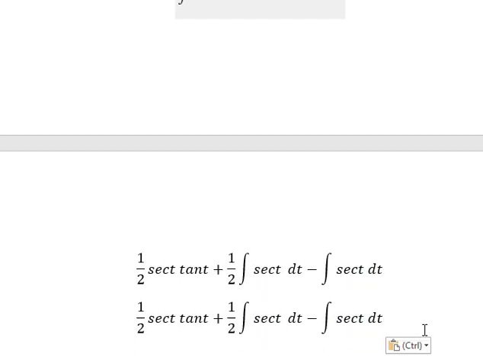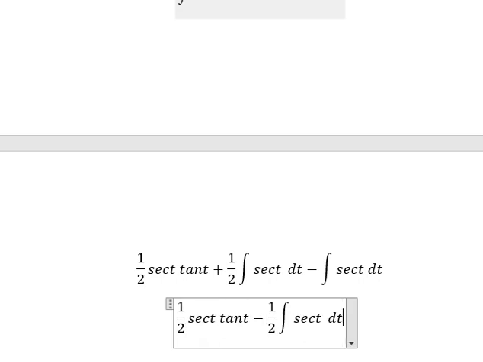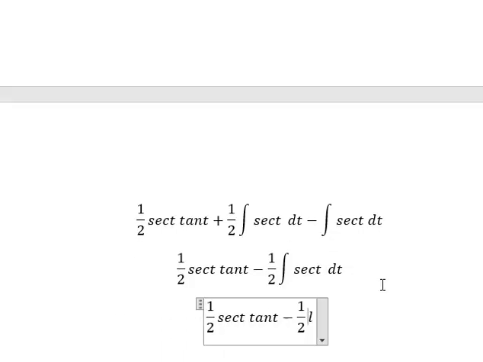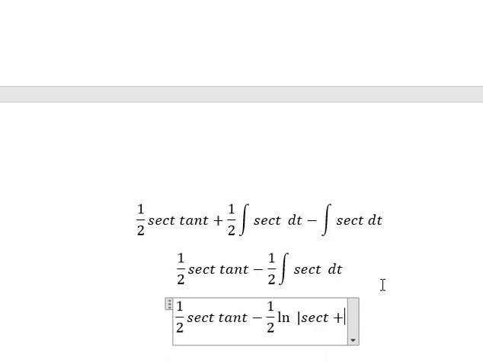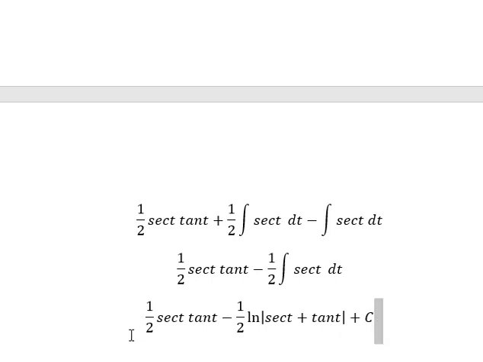Now 1 over 2 minus number 1, we have negative 1 over 2. The integration of this one is Ln of the absolute value of secant of t plus tan t, and I will put c.